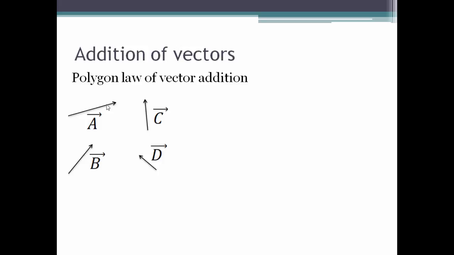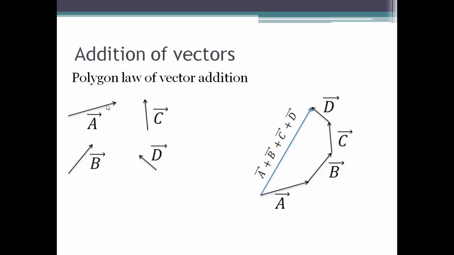So, for the polygon law of vector addition, the vectors are arranged from head to tail such that they form an open polygon and the resultant closing side will be the addition of all the vectors. Magnitude of the resultant vector can be found using the laws of trigonometry, and its inclination with the x-axis or y-axis can also be found in the same way.